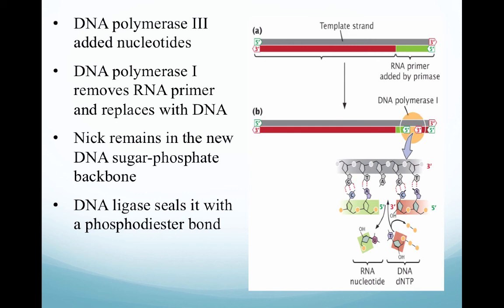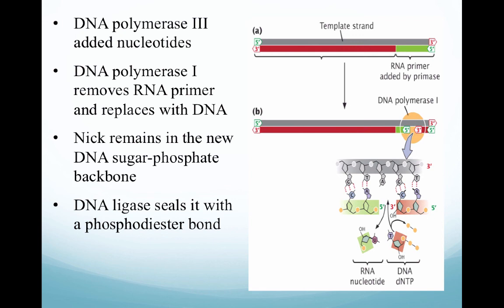So keep in mind, the primers are always going to be RNA. They're going to set in these new strands as kind of a buffer transitionary period, and eventually DNA polymerase is going to come in, pull those out, and replace them with DNA so that you have a full DNA strand.